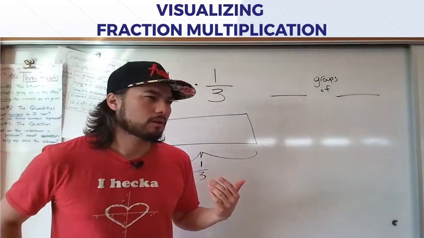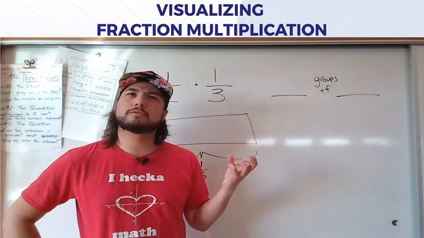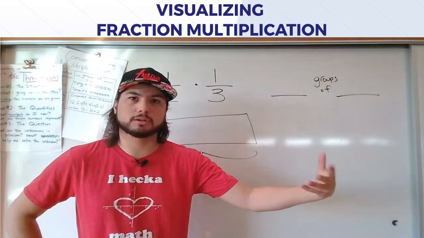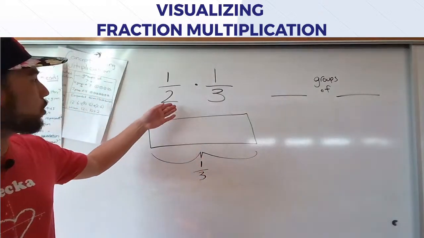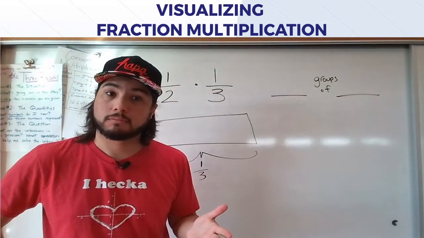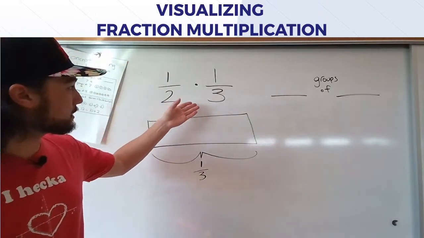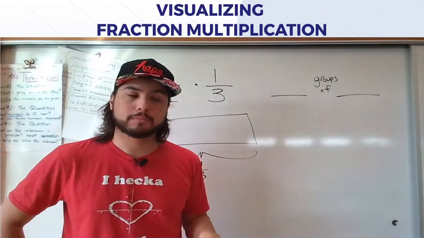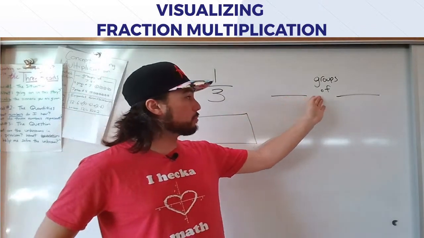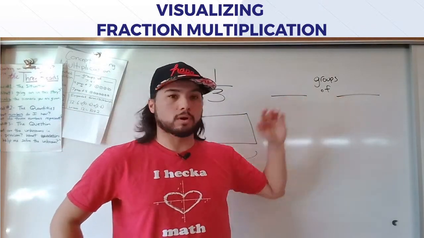It can just get a little bit tricky to visualize because we're dealing with less than one group. We're dealing with part of a group. In this case, with 1/2 times 1/3, we're going to start here with 1/2 times 1/3. In essence, we're saying 1/2 group, or 1/2 of 1/3.